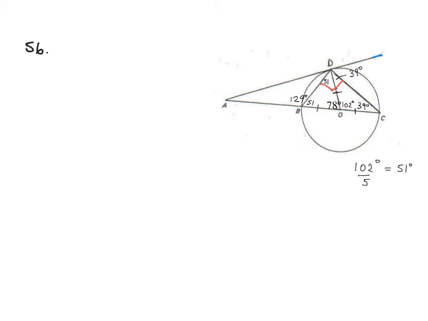A tangent meets the radius at 90 degrees, so this angle here is a 90-degree angle, which means that this part of the angle is 39 degrees. So that's 39 degrees in there.